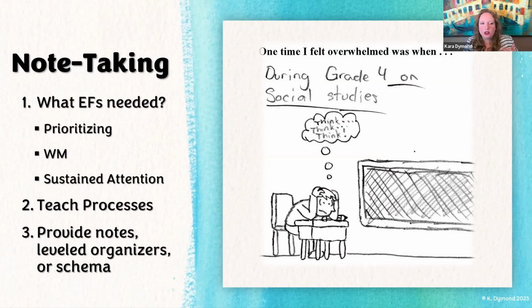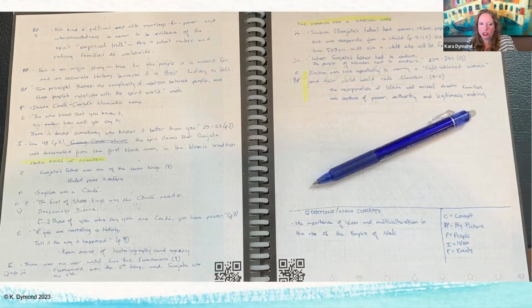You can provide different levels of organizers for different types of processors. I actually have a blog post on my website about how you can do fill-in-the-blank notes for those who can't keep all the information in mind, versus something with a little bit less support, versus a system where I teach students in history class how to code in the margins. So they come up with a little legend. They might have a C for concept.